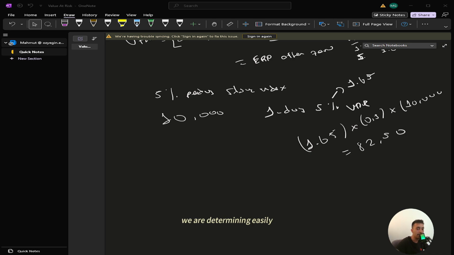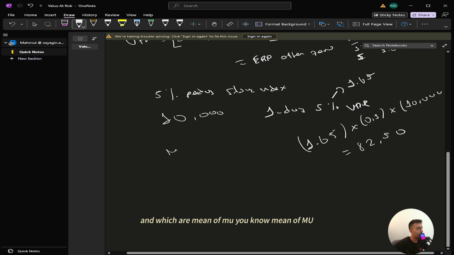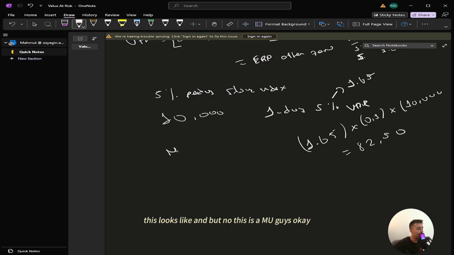We determine it easily with the simulation method. The general equations assume the underlying asset has normally distributed returns with a mean of mu. This looks like an u, but no, this is a mu, guys, and a standard deviation, which is sigma.